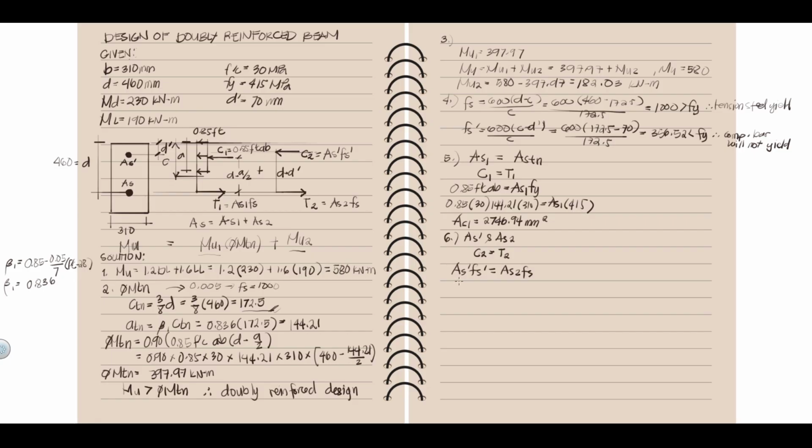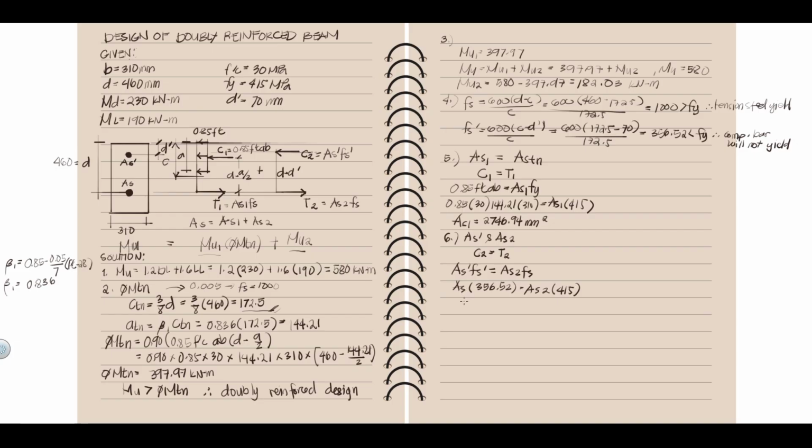So Fs prime here. So what is our Fs prime? So nag-yield yung compression bar, will not yield. So therefore, ilagay lang po natin yung value ng Fs prime. That is 356.52. And then yung AS2 natin will have a stress of Fs yield, so that is equal to 415.